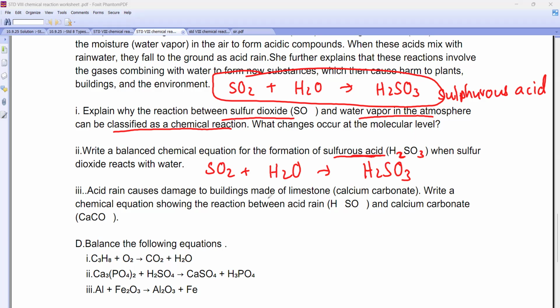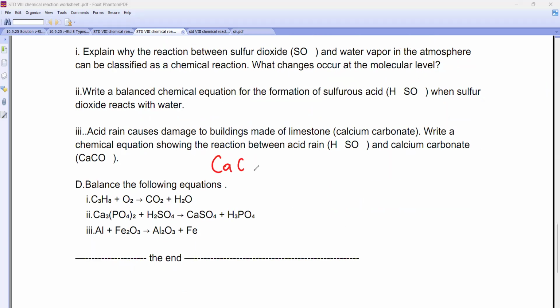Acid rain causes damage to buildings made up of limestone. Because look, limestone is what? Beta, a base. Okay? Limestone is a base and the acid is H2SO3. So look beta, let us write. Calcium carbonate, it is a base. Whenever it reacts with acid, sulfurous acid they have told, so we write sulfurous acid. So what will it form, beta?